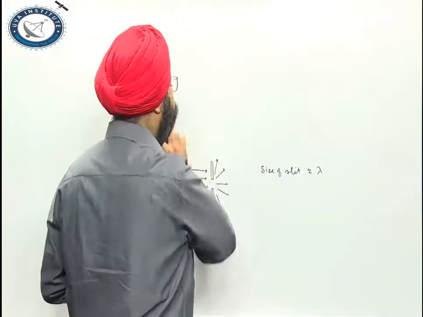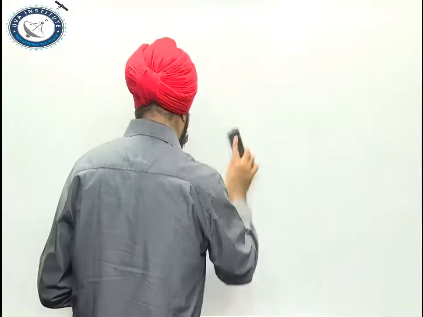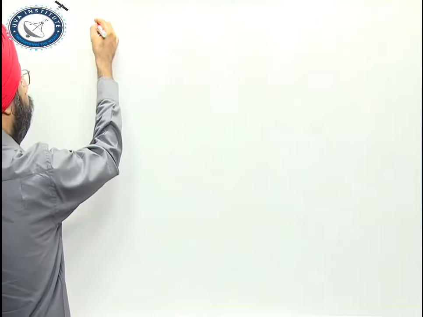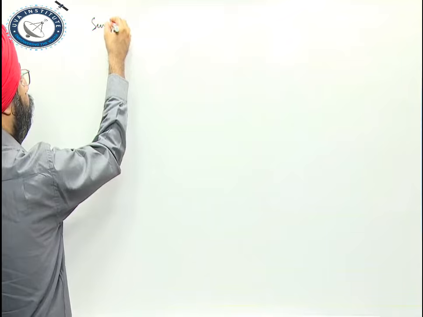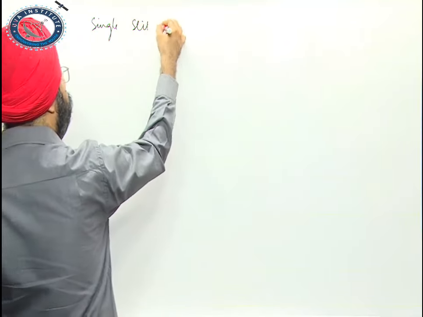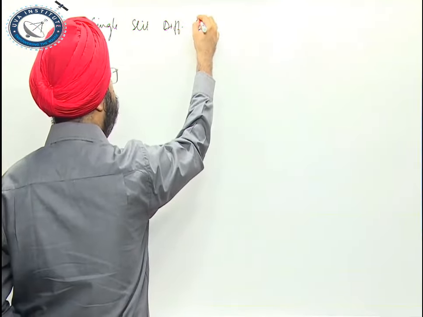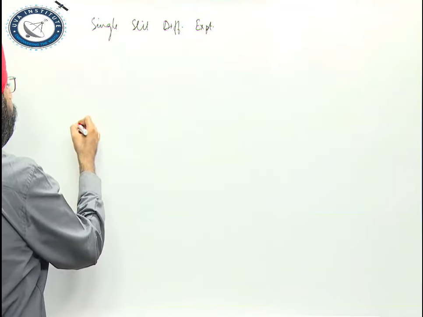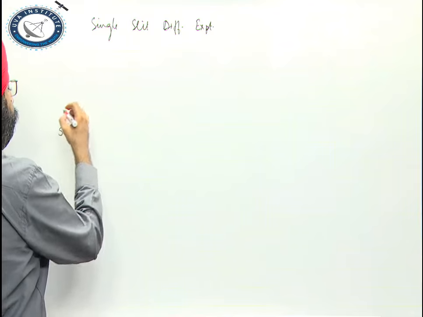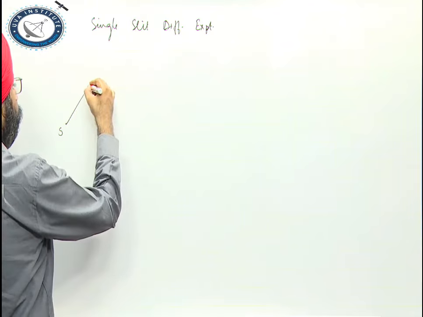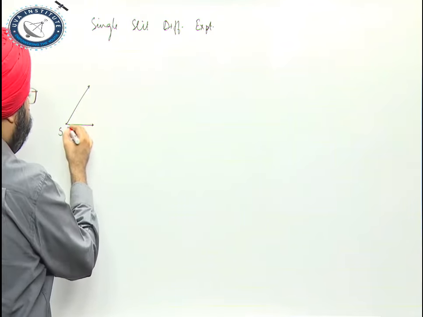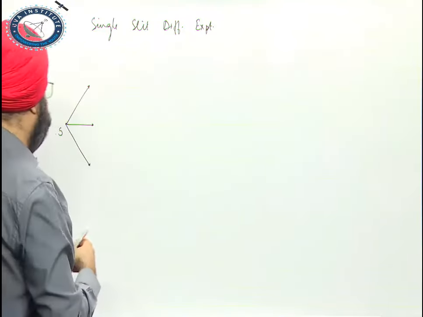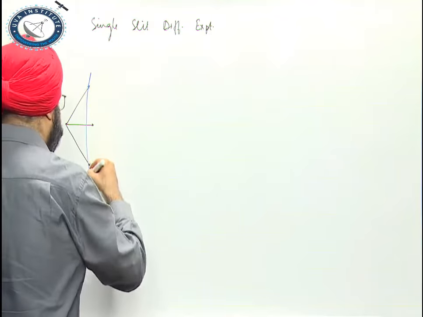Now let's understand the single slit diffraction experiment. Initially, let us say we have a source, and to make a planar wavefront, I am keeping the source at the focus of a convex lens.